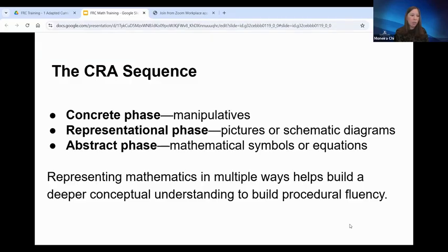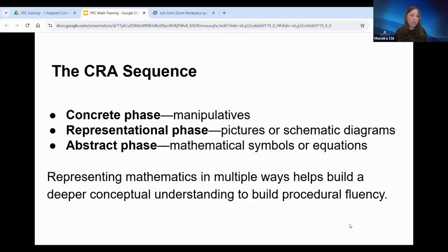Some children may require more practice with concrete forms. So you can see here that concrete refers to the use of manipulatives or physical objects in teaching. And then others may benefit from a combination of concrete and pictorial or picture support to access learning.